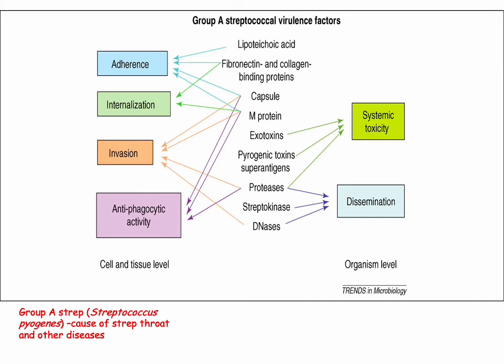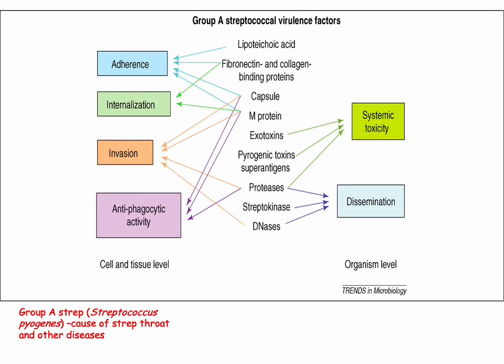This is a toxin produced by the group A strep, including the pyogenic toxin, the superantigen, very well studied in group A strep. Then they also produce proteases, streptokinase, DNases. So there's a whole bunch of enzymes and toxins being produced in addition to things found on the cell wall.